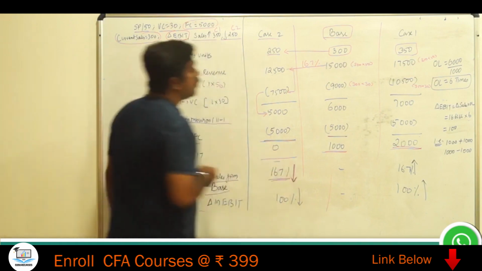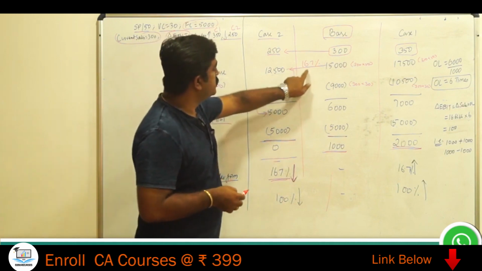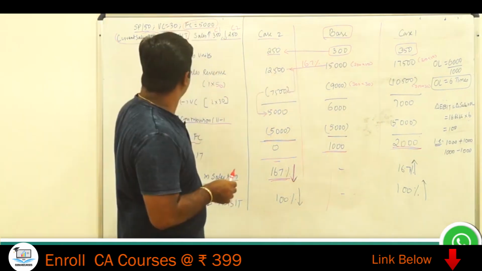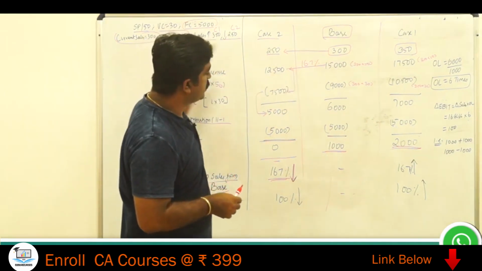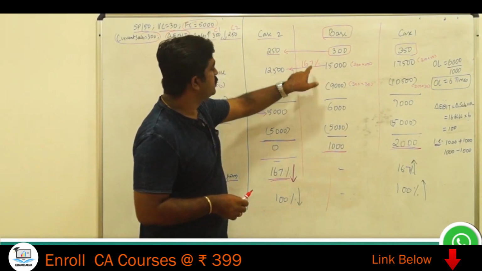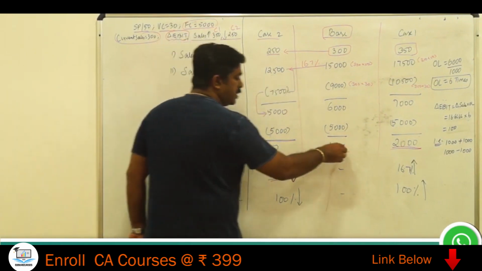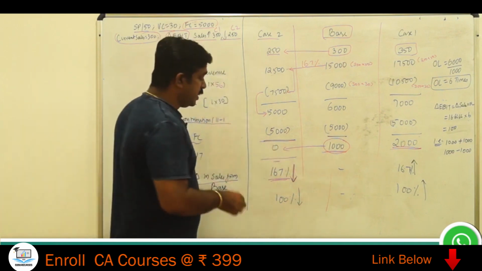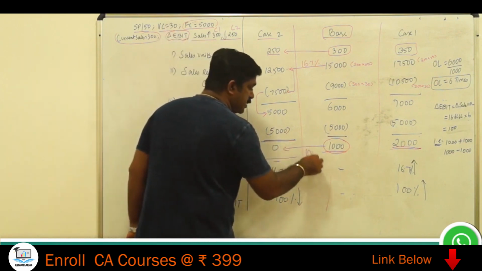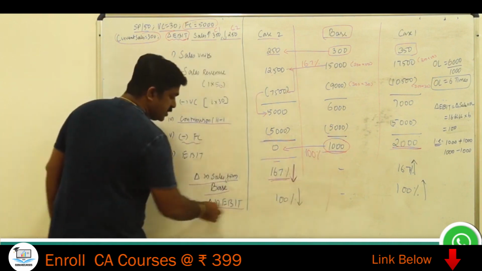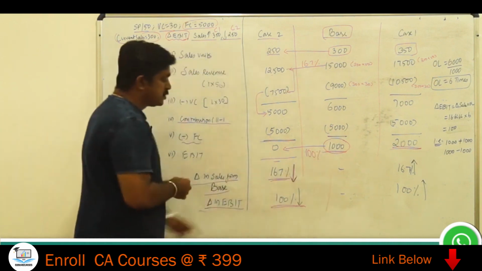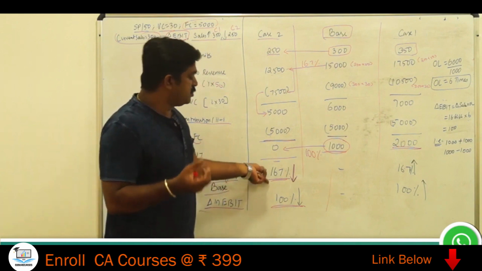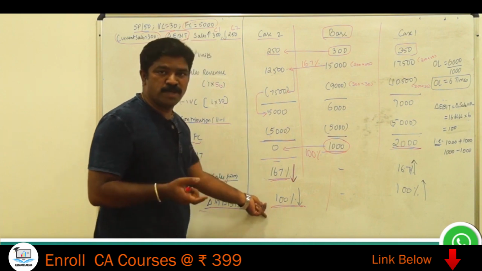But when there is a 16.7% drop in sales, what is happening to the EBIT? That's what we are concerned about, because the question also wants us to find out the change in EBIT. When there is a 16.7% change in sales, EBIT has shifted from 1,000 to 0. It means it is 100% fall. There is a change in EBIT downwards, 100%, for 16.7% fall in sales. For a very marginal drop in sales, there is a significant drop in EBIT.